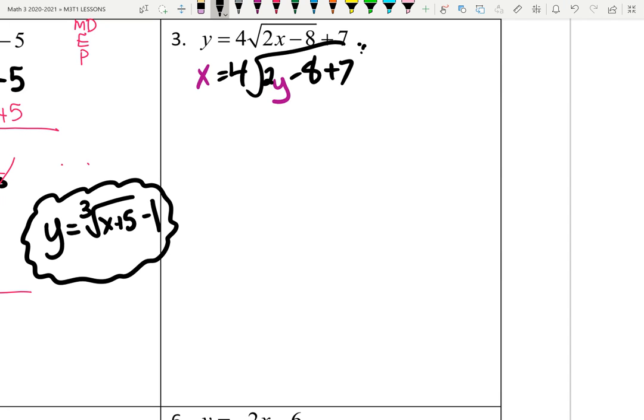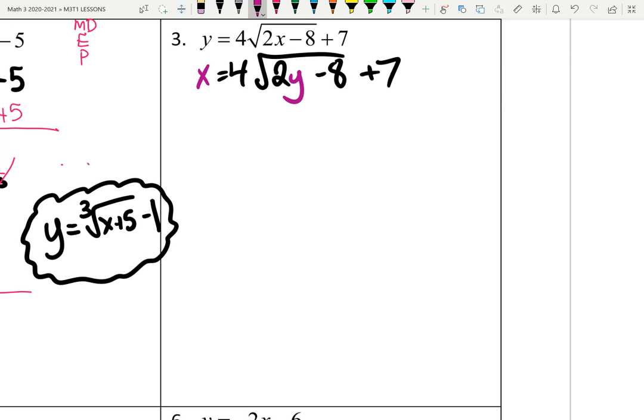Okay. Now, what I'm going to need to do is get rid of, I don't know why, 4 radical 2y minus 8 with the 7 on the outside.